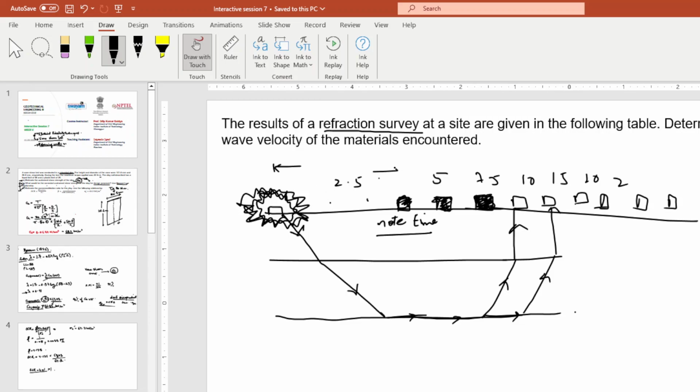The distance is given to me, so what I have to note experimentally is the time for the first arrival of the P wave. This device can capture as soon as the first P wave arrives, it will give you the time of arrival.